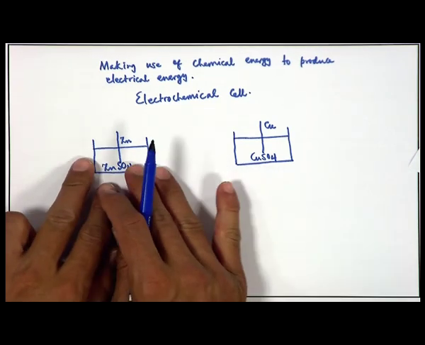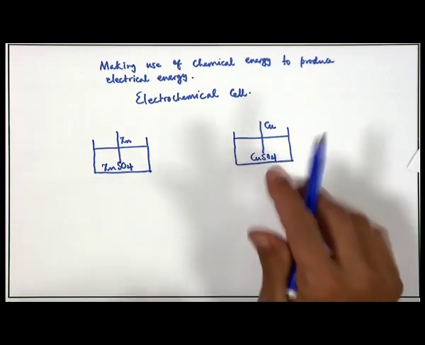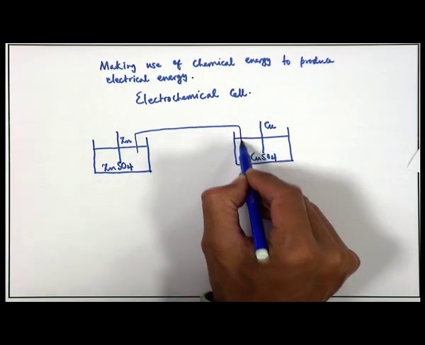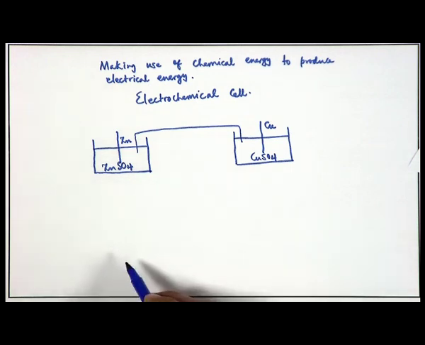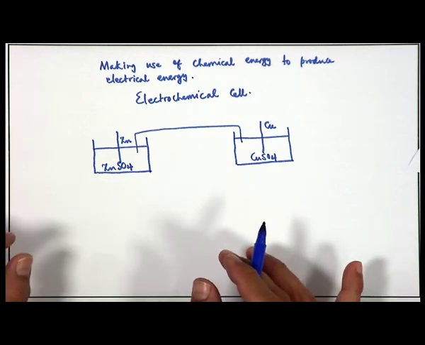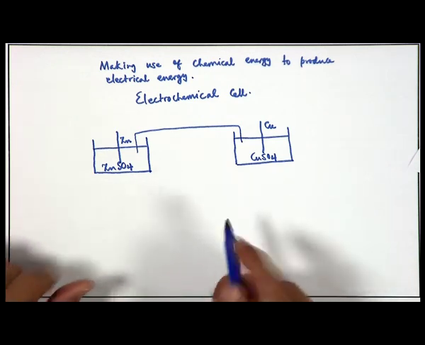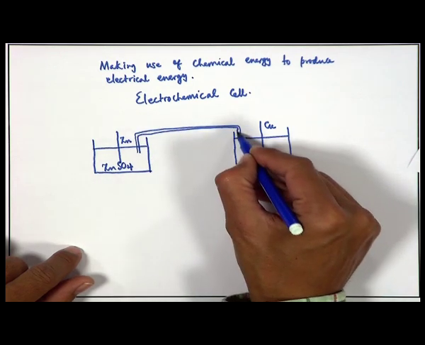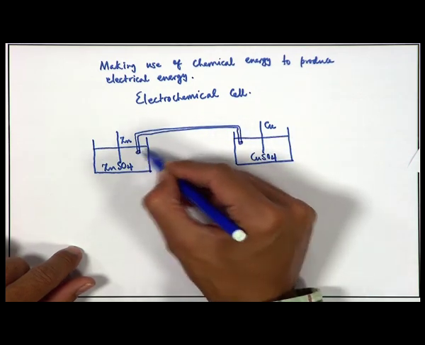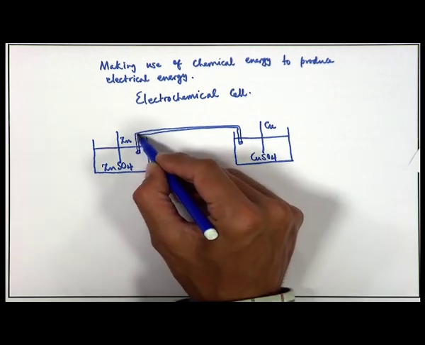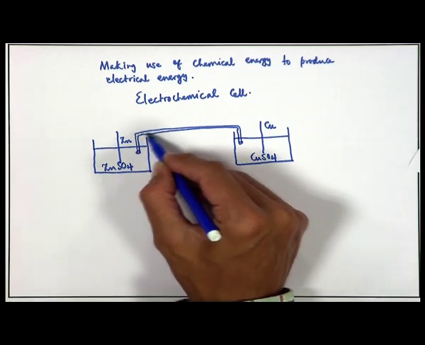That is why you keep this unit separate, and then you join these two by the help of an electrolyte, which is called your salt bridge. It contains some electrolyte, either ammonium nitrate or potassium chloride in agar gel, so that it is full of potassium ion and chloride ion or ammonium ion and nitrate ion.